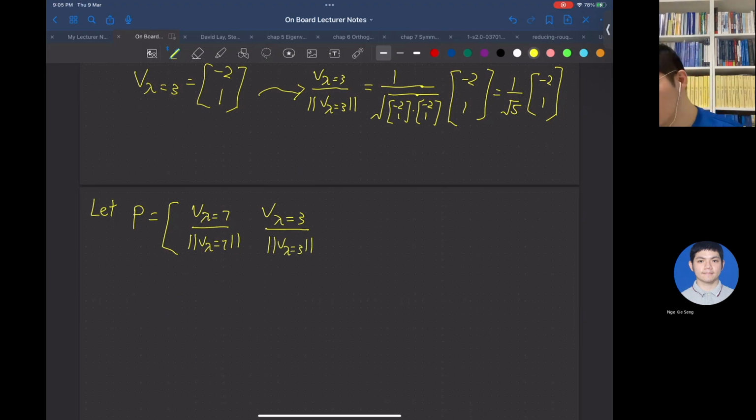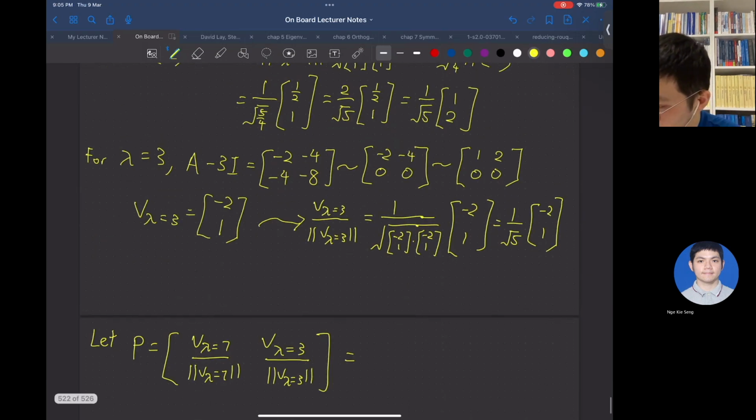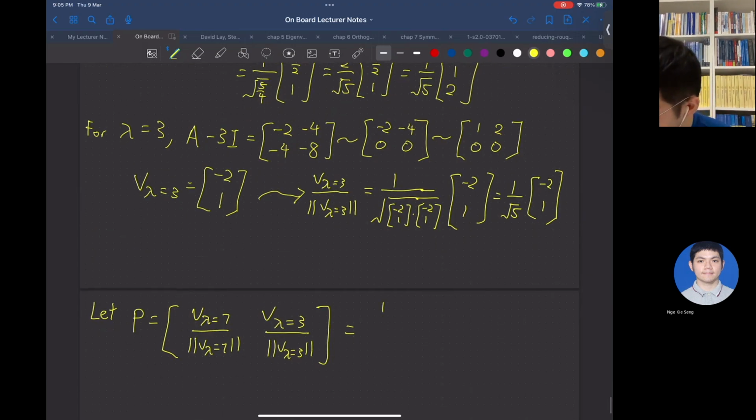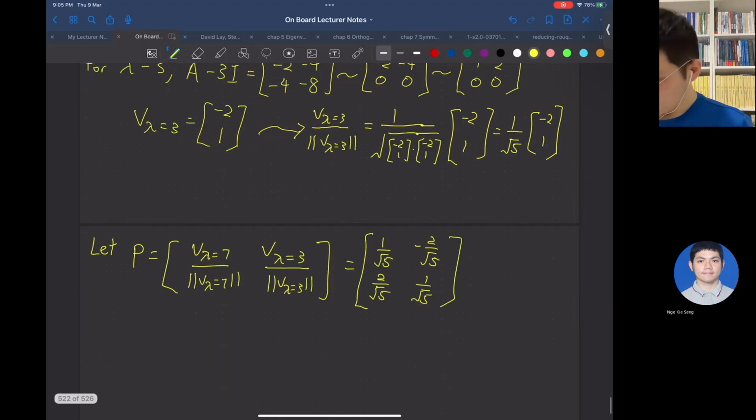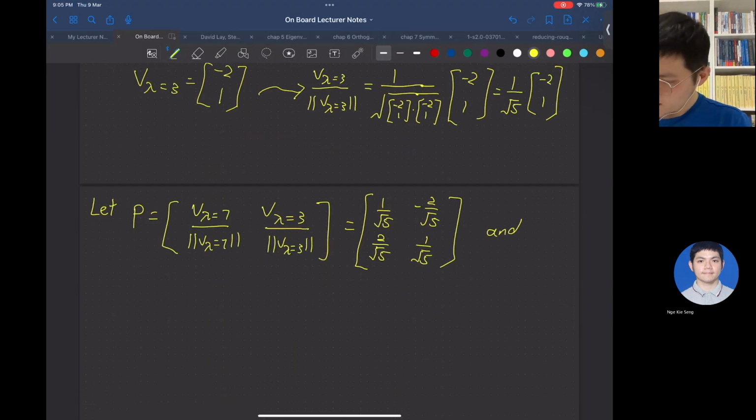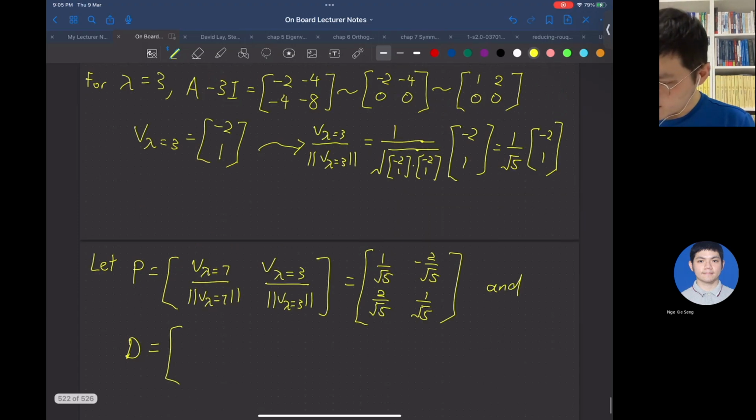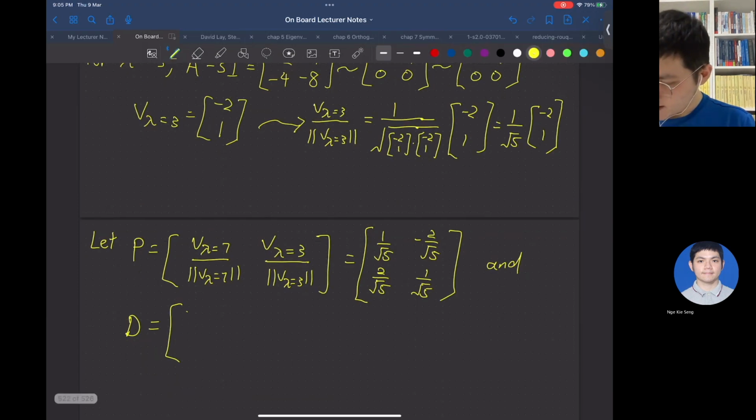Take this as the columns of P, then this is the P that will orthogonally diagonalize our matrix A. Okay. All right. And D, which is the eigenvalue matrix, which is 7 and 3.